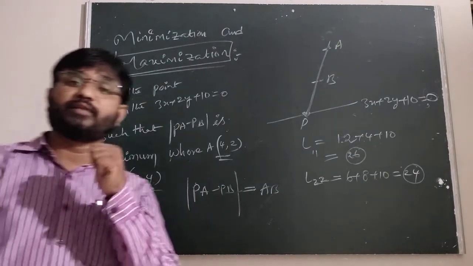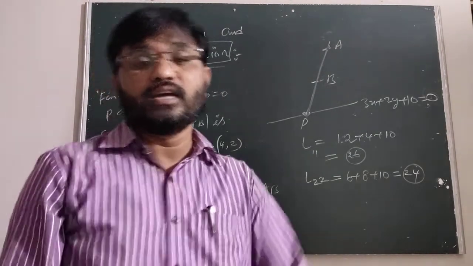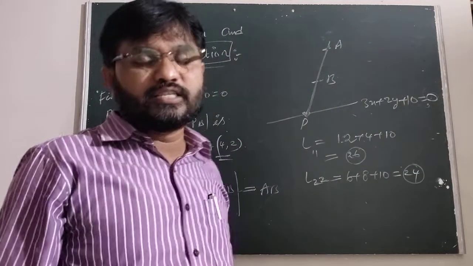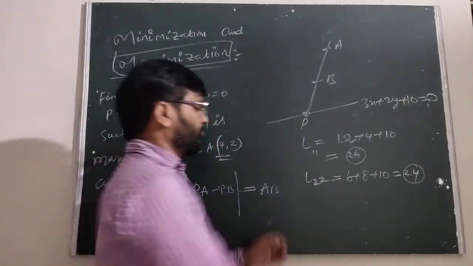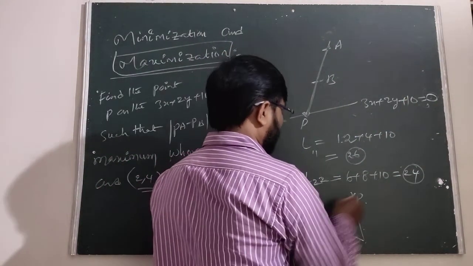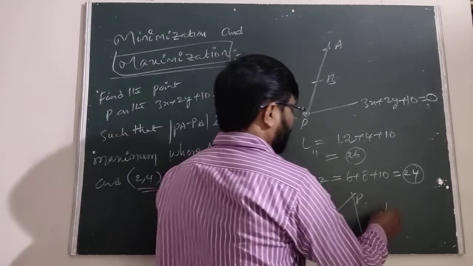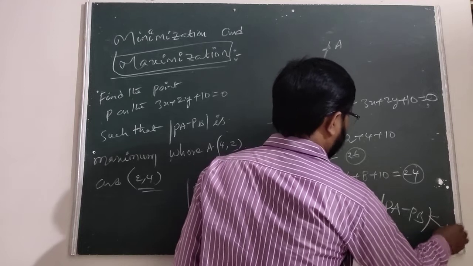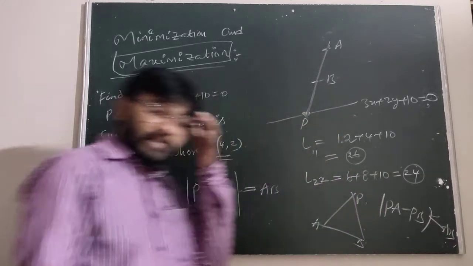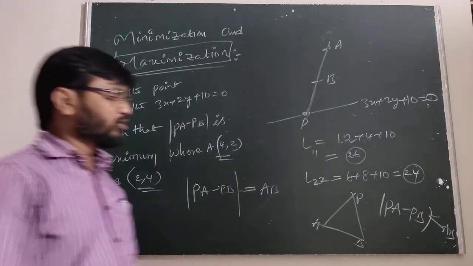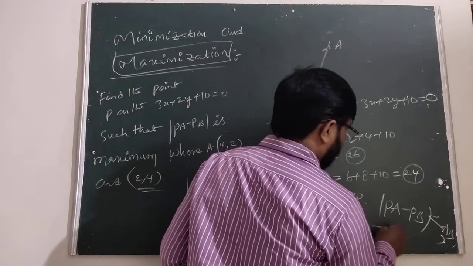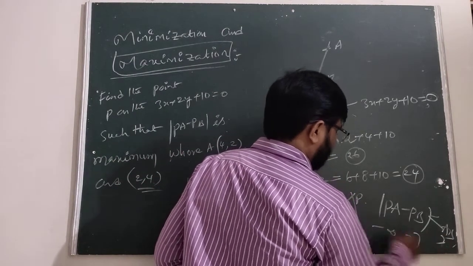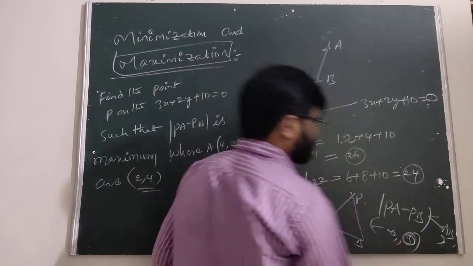Why is it the maximum? In a triangle, the difference of two sides is less than the third side. Suppose you are taking the 3 points P, A, B. The difference of any two sides, PA minus PB, is always less than AB. If something is less than 3, the maximum value is 3.